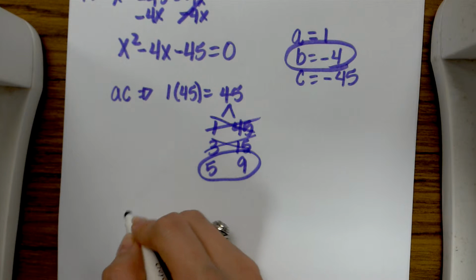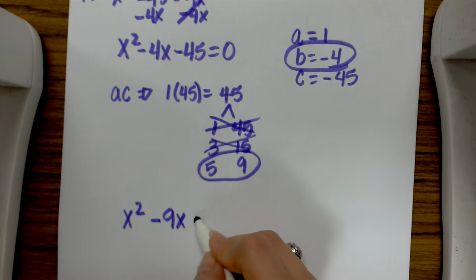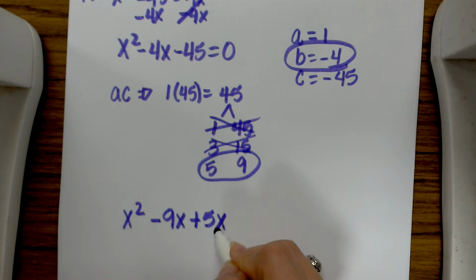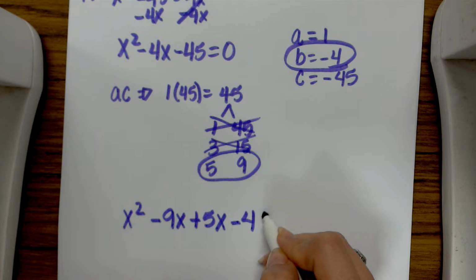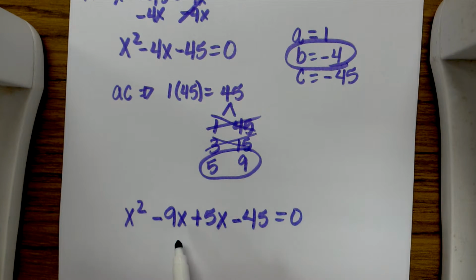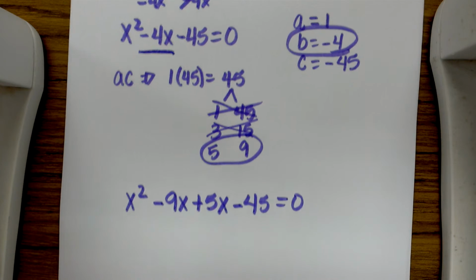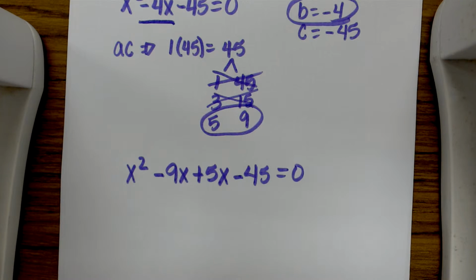We have x squared minus 9x plus 5x minus 45 is equal to 0. The reason I did that is because minus 9x plus 5x gives you your negative 4x, which is up here. So we're going to group.